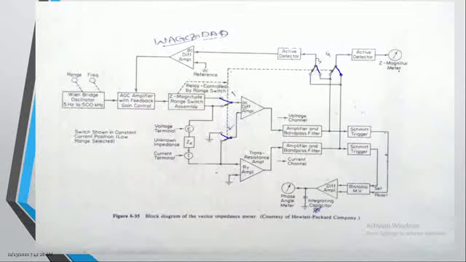Now, in the constant voltage mode, we apply a known constant voltage, and we calculate the current passing through this particular element. That information is given as an input to the impedance magnitude meter, which will take the ratio between the applied constant voltage and the current passing through this particular element, and it will show the impedance of that particular element.